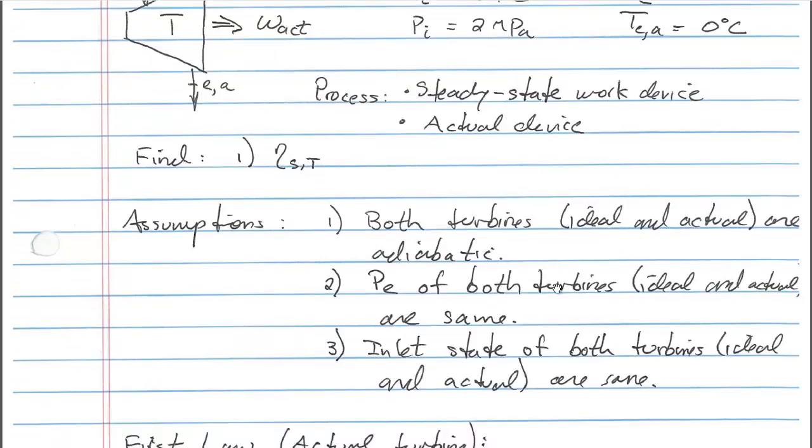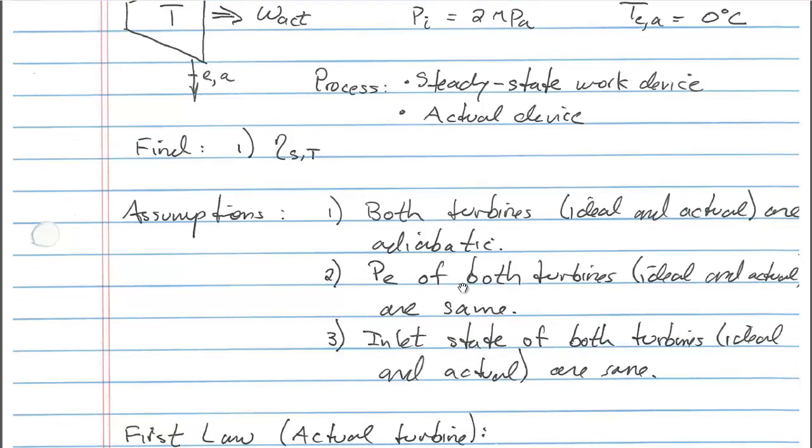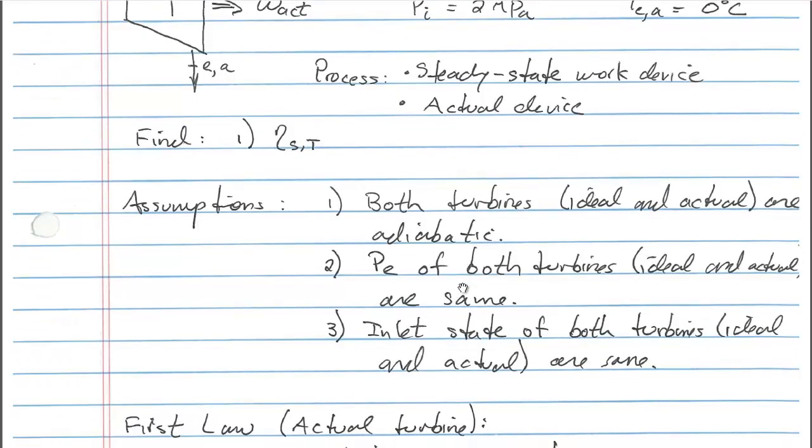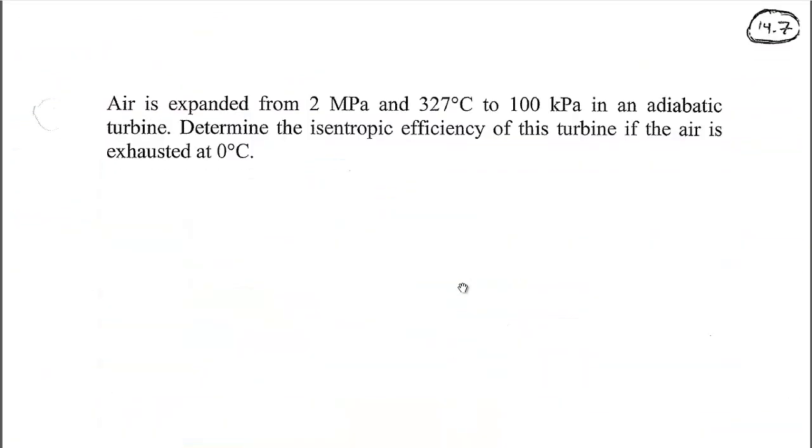The other truth is that the inlet state of both turbines, the ideal and actual, is the same. I apologize, the inlet state, that's singular, is the same for both the ideal and the actual turbine. And that's also a prevailing truth that will always be true when doing isentropic efficiency analysis.